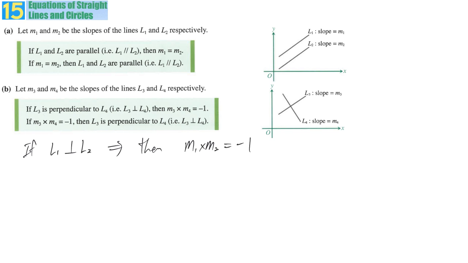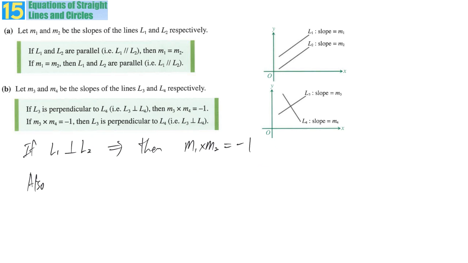The product of the slopes is equal to -1. -1 represents opposite, totally different. It's just a very simple explanation, but it's based on some calculation. For this stage, you just simply remember this result.